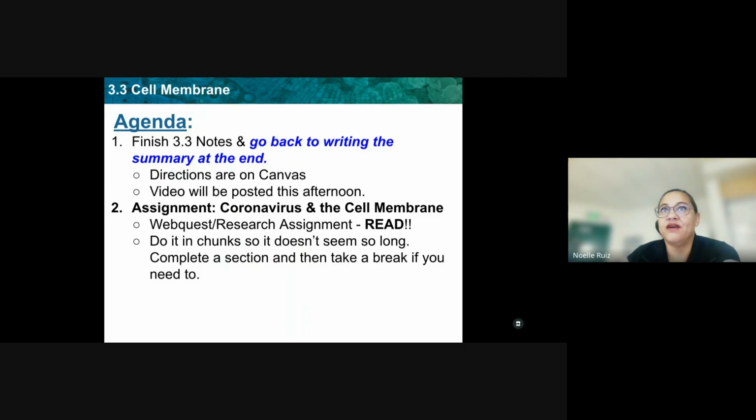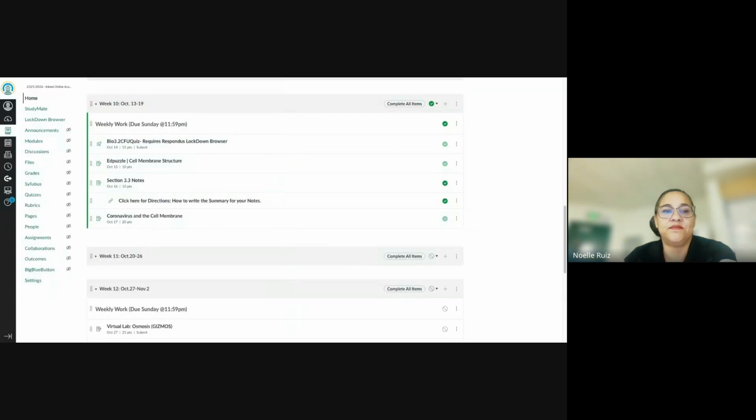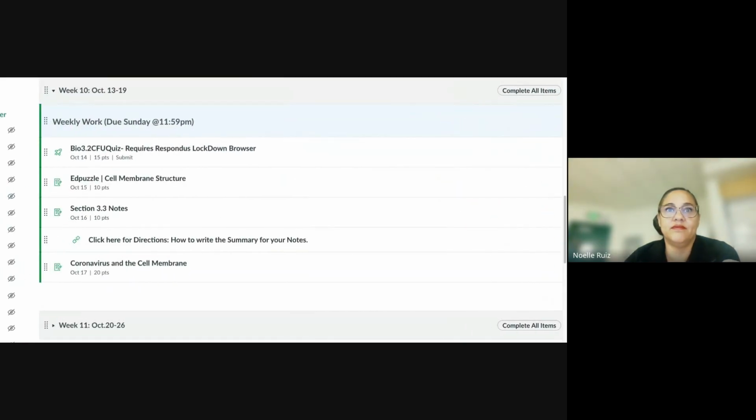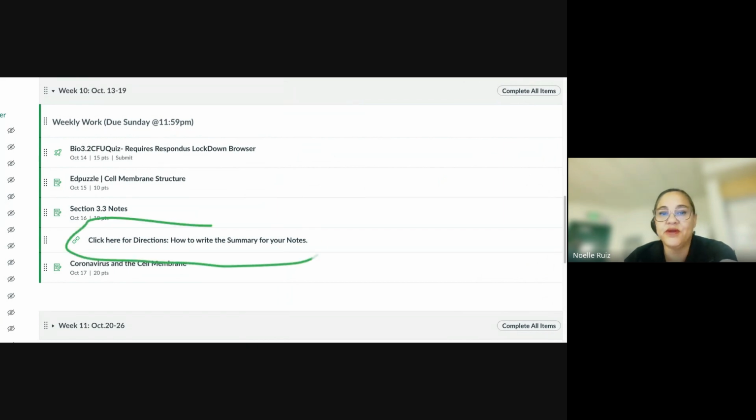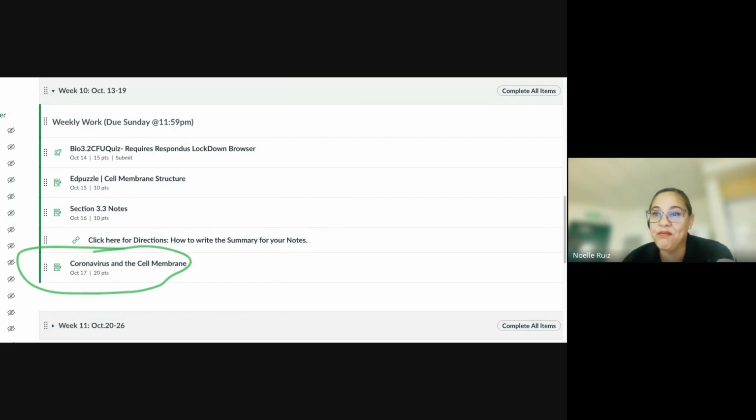And then you have your last assignment. So I'm going to switch to this tab. So here's your summary directions if you forgot how to write the summary. The other assignment this week is called Coronavirus and the Cell Membrane.